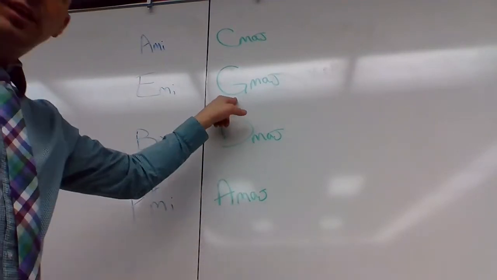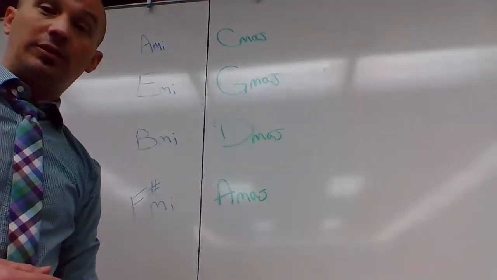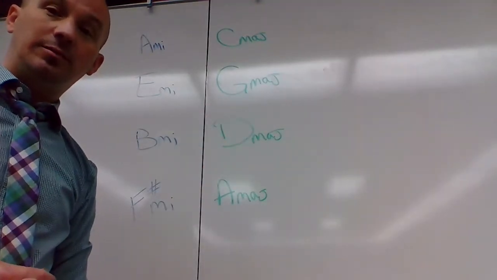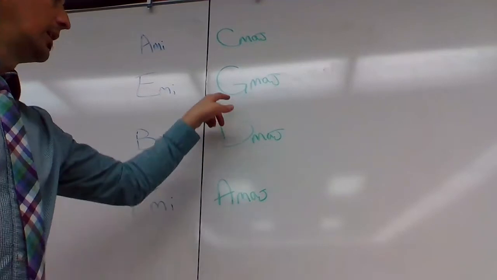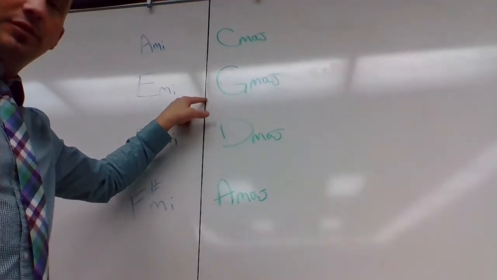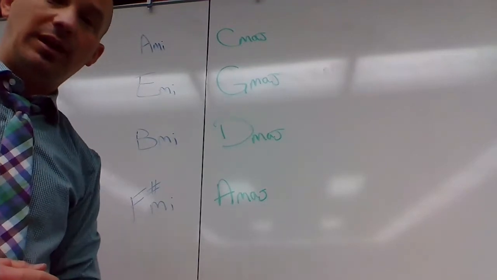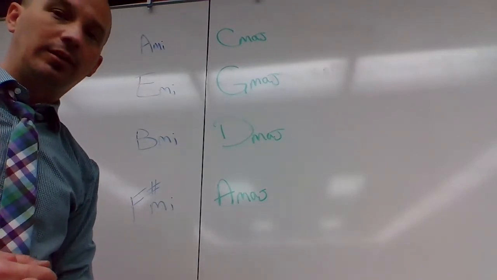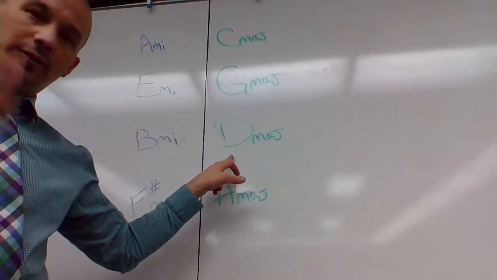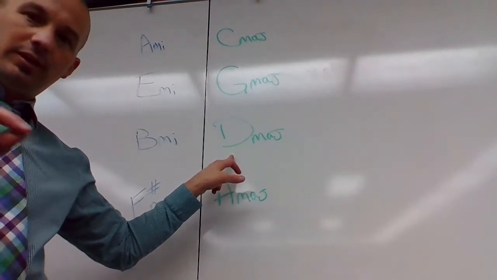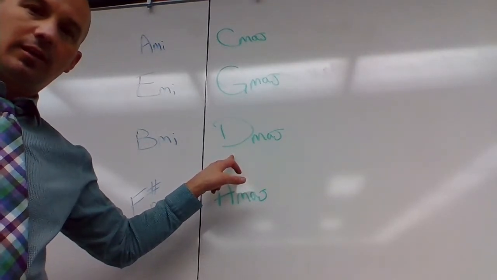So if I have a major key that's G major, and I want to find the relative minor key of G major, I go back a half step to F sharp, and then a whole step to E, and I know that my relative minor is E minor. You try it with D. See if you can do it in your head. If you need to use a piece of paper, you can.